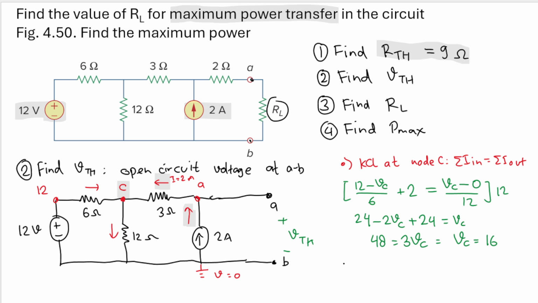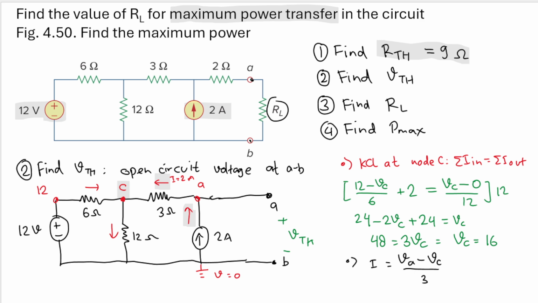How? Okay, let's do that. We will have I here equal to VA minus VC, divided by the resistance between them, which is 3. Good.